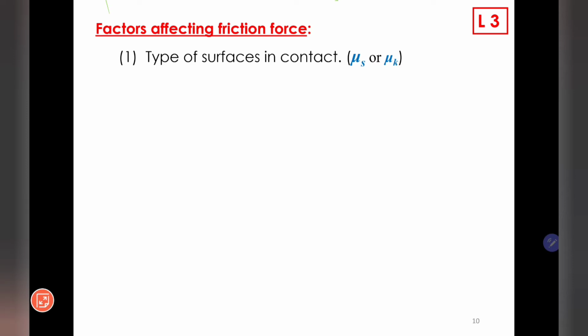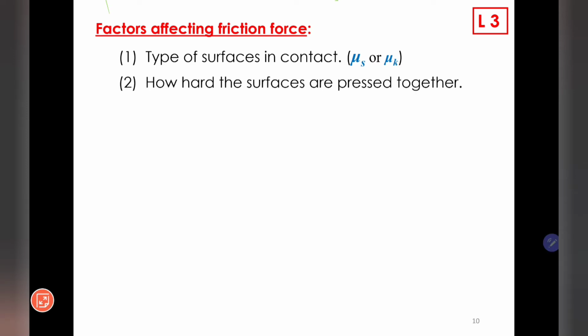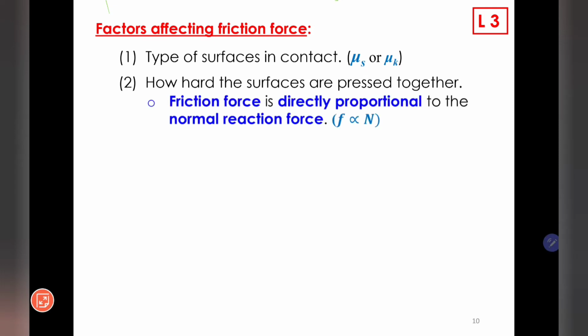Next, the second factor is how hard the surfaces are pressed together. So frictional force is directly proportional to the normal reaction, or F is directly proportional to N. How do you get that? From the equation friction f equals mu N. The first factor is mu and the second factor is N. So N represents the normal force.